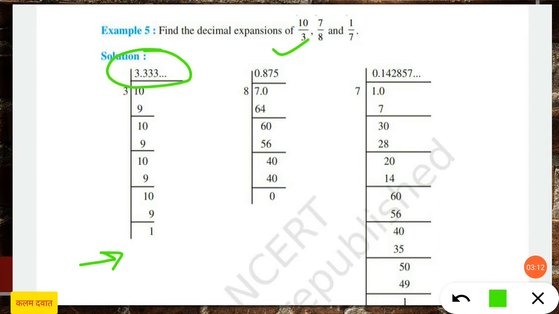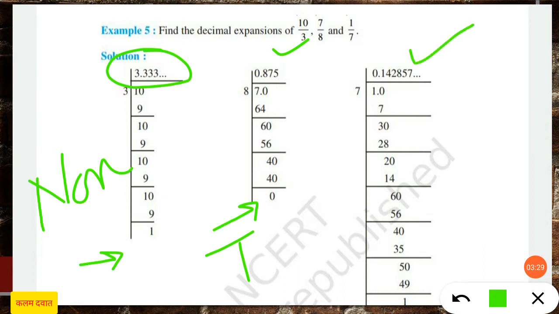In this other one, we have got a 0 after 3 places of decimal. So in this decimal expansion we have got a 0 at the end. So this is called a terminating decimal expansion, and the other is called a non-terminating decimal expansion. In the same way, this is also a non-terminating decimal expansion with repeating numbers. If you move further, you will get the same number repeated.